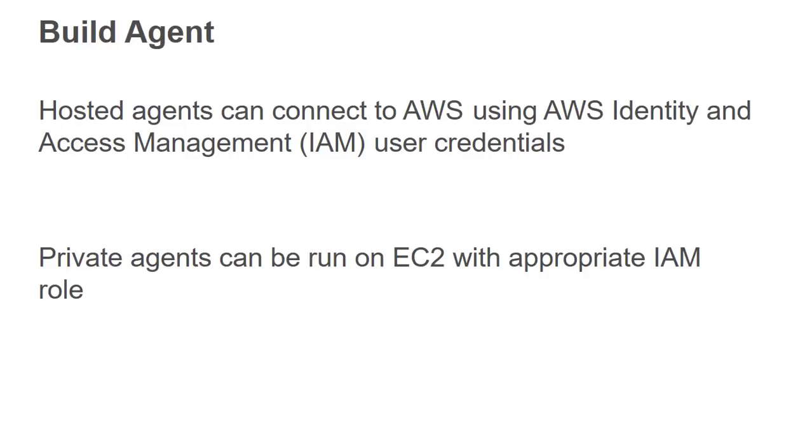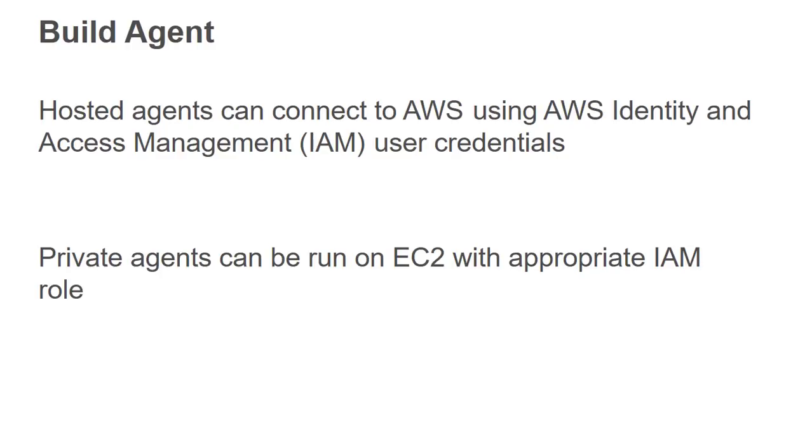VSTS or TFS use build agents to build your software. The hosted version of Team Foundation Server or VSTS uses hosted agents. You can of course connect your private agents to that, but in general it uses hosted agents.